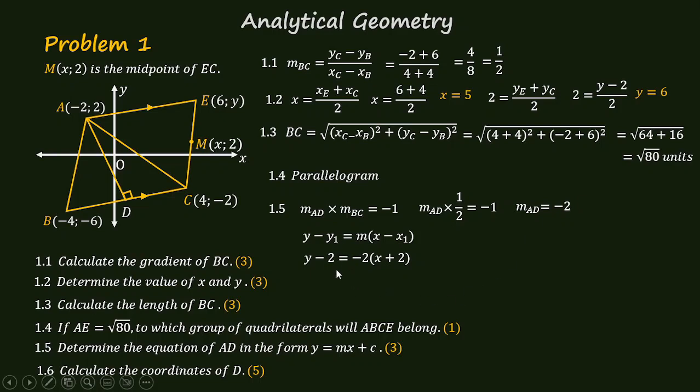Our y1 is +2, so it will be y minus 2, and our x1 is -2, so x minus -2 would just be x plus 2. If you simplify that, you get y equals to -2x minus 2. So therefore the equation of the straight line AD will be given by y equals -2x minus 2.